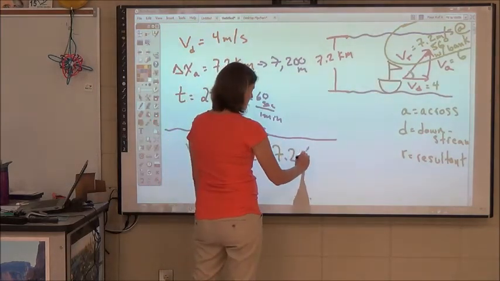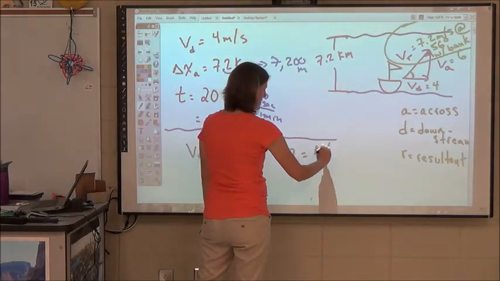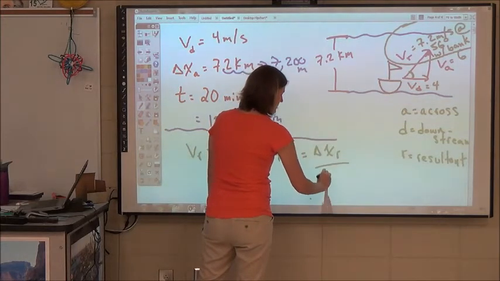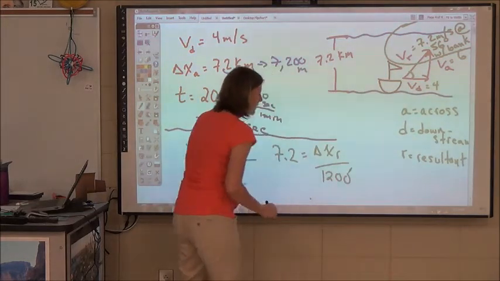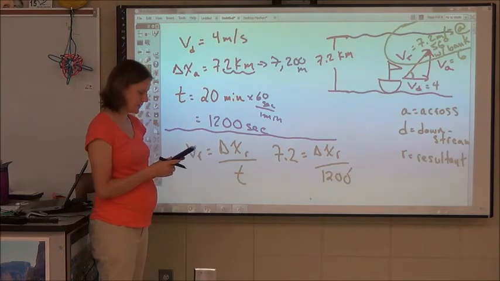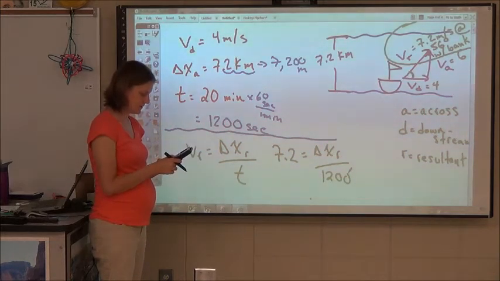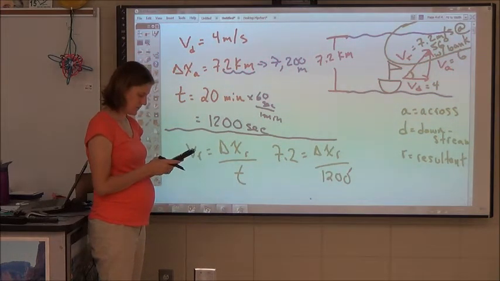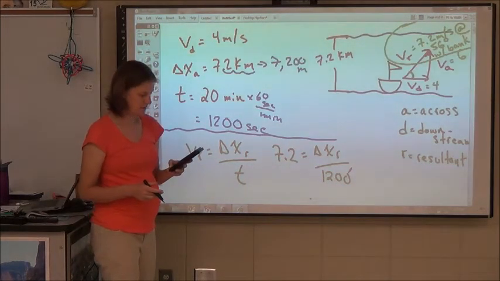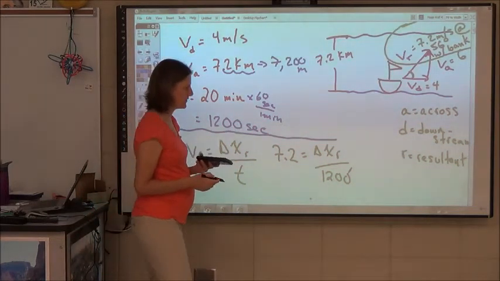All right, so 7.2 equals displacement resultant divided by 1,200. So 7.2 times 1,200 is 8,640 meters.